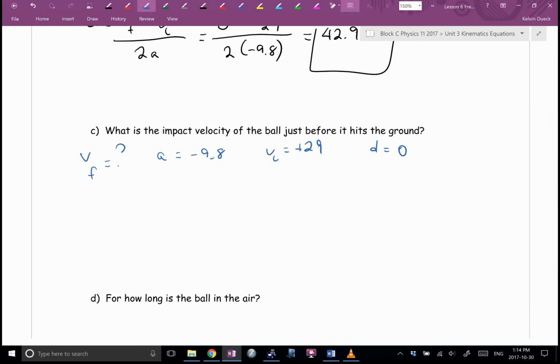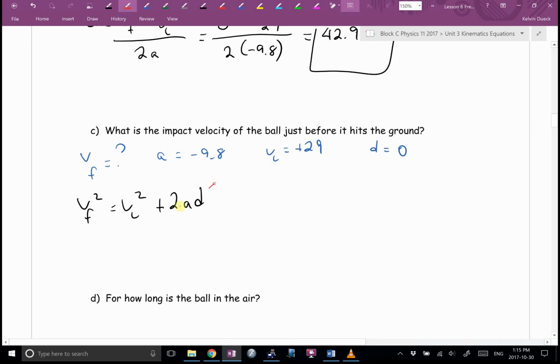Looking for an equation that has a VF, an A, a VI, and a D in it. There is one. Which one? VF squared equals VI squared plus 2AD. Cool. Okay with that, folks?